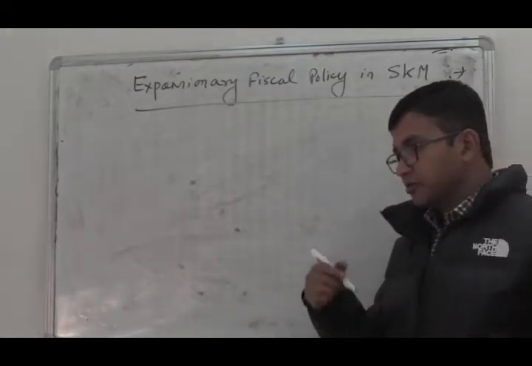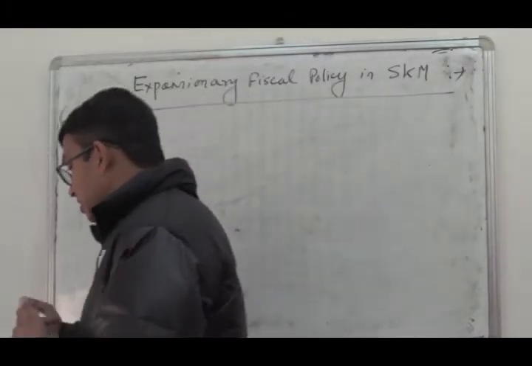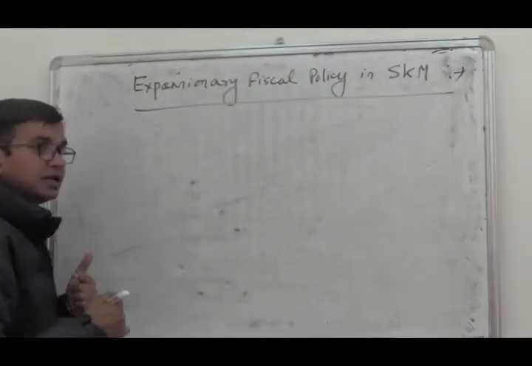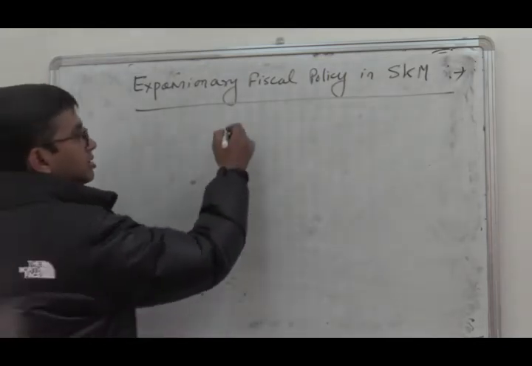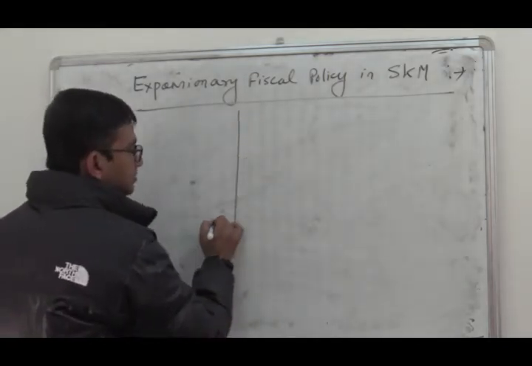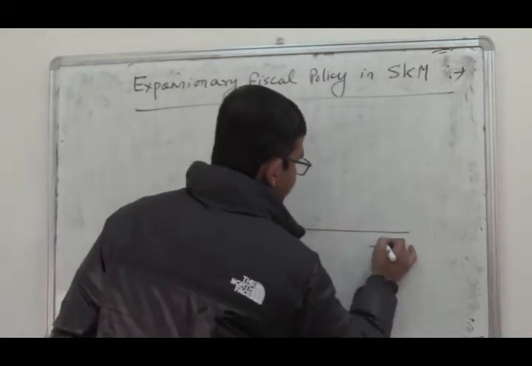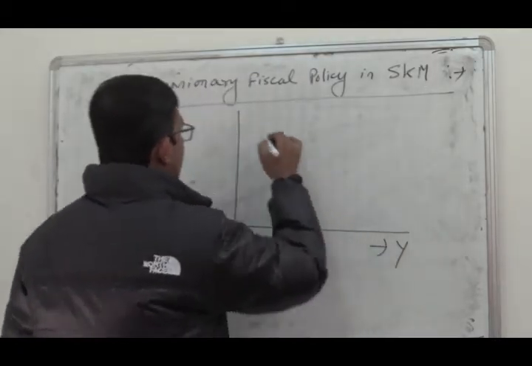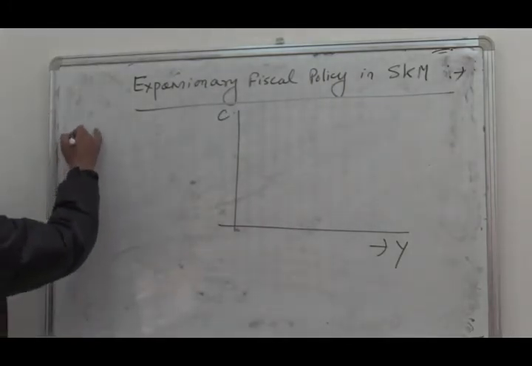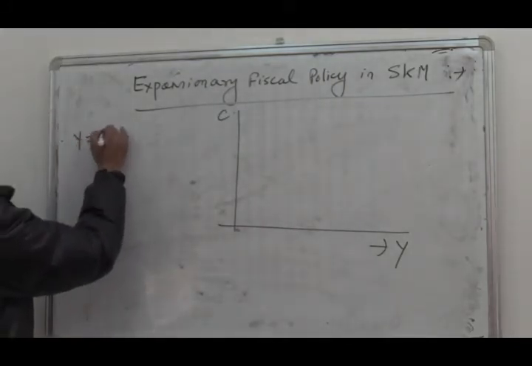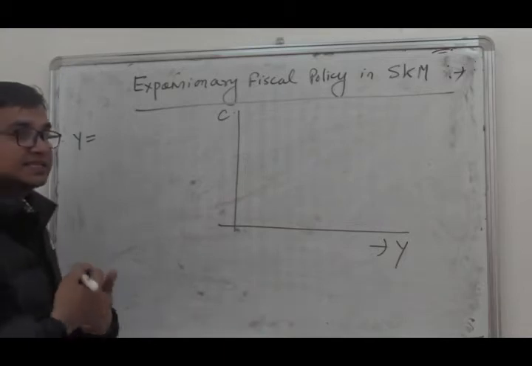So let's start with the first. We'll discuss why there is the need for expansionary fiscal policy. So let us consider that this is Y, this is C. And now we will consider that Y, the aggregate demand, has three components.